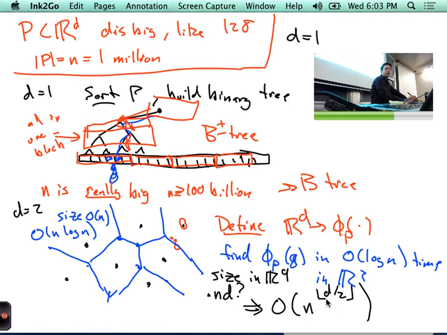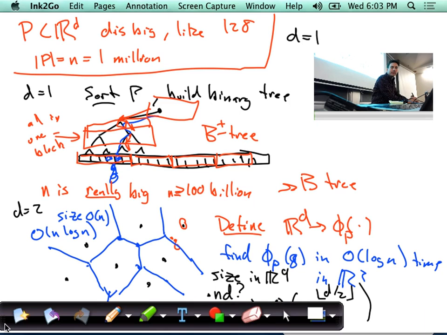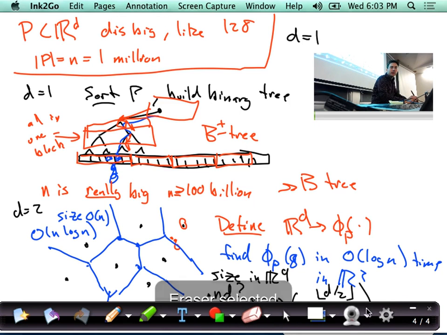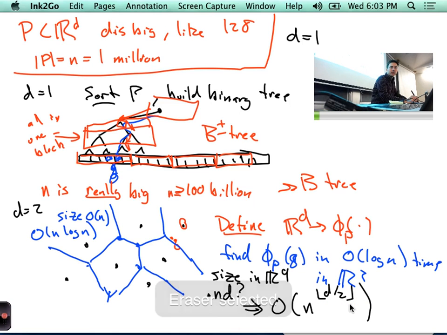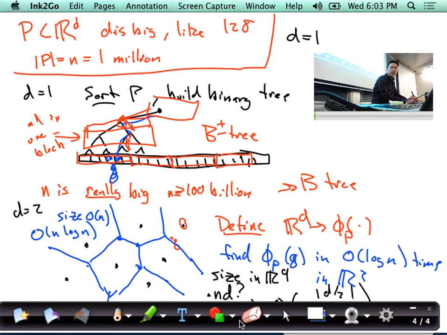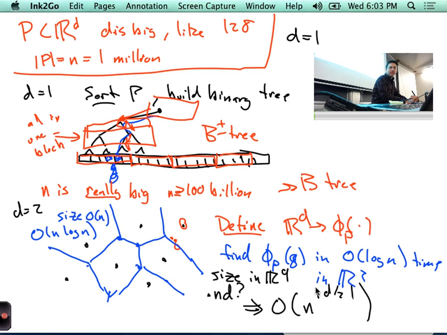Okay? So when d is equal to 2, no, this should be the ceiling. Sorry about that. So it's the ceiling of d over 2.